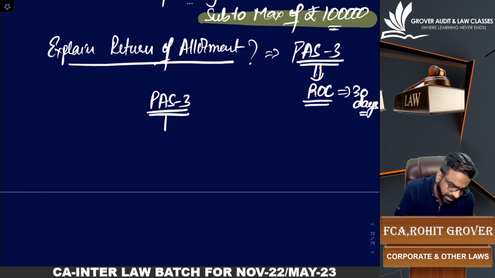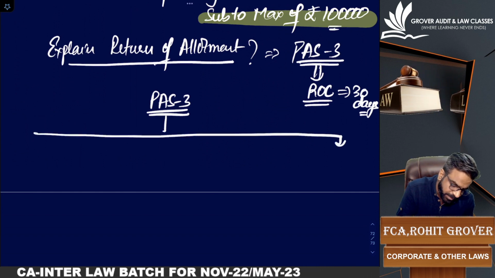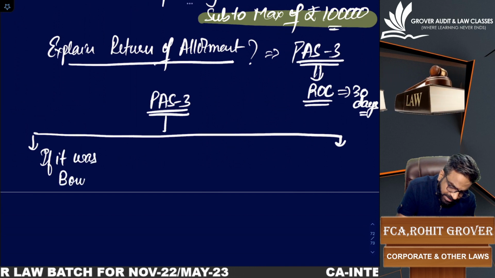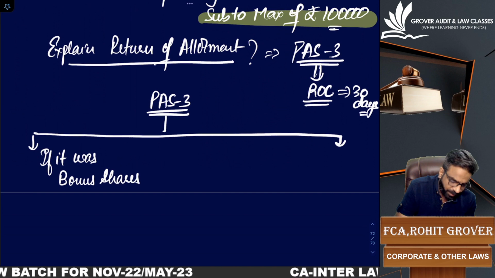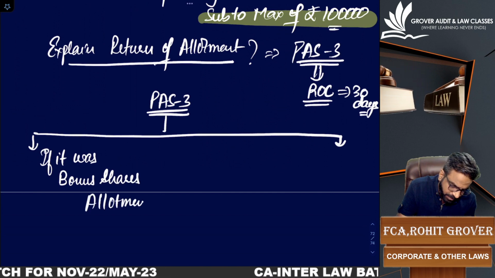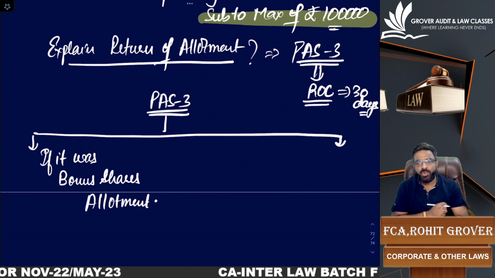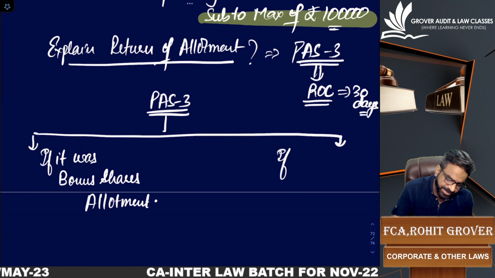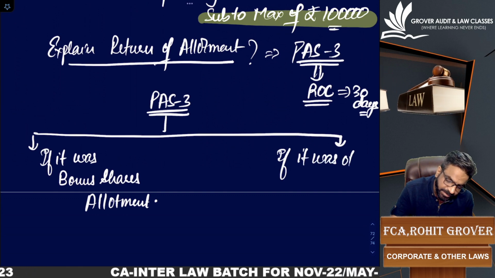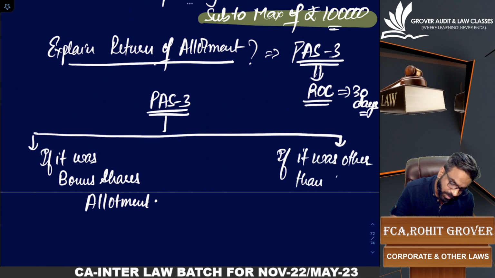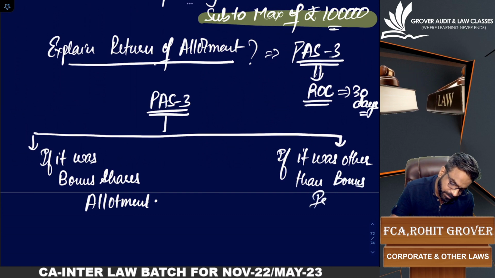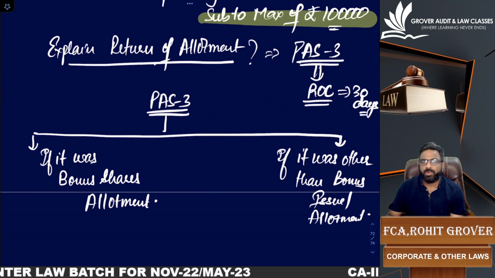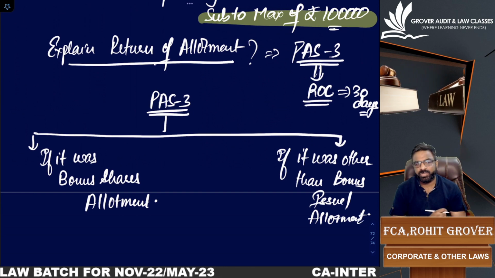There are two cases in PAS3, everyone: if it was a bonus shares allotment, there is one rule, and if it was other than a bonus issue, there is another.